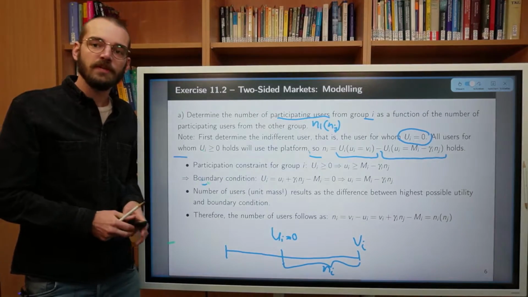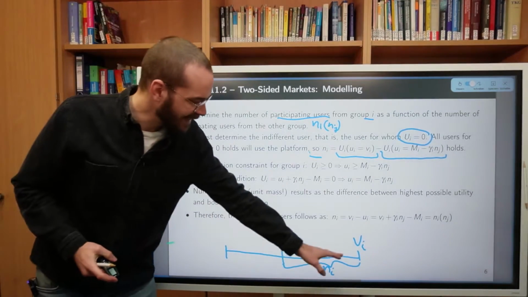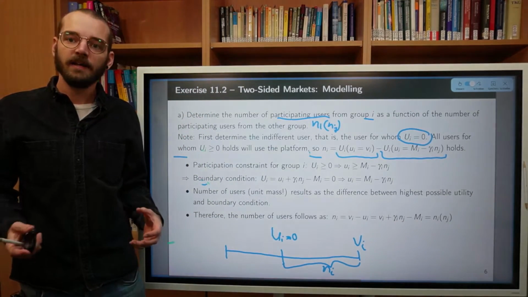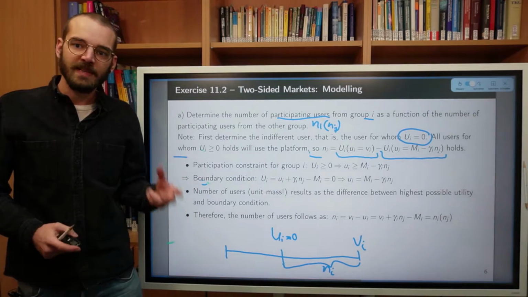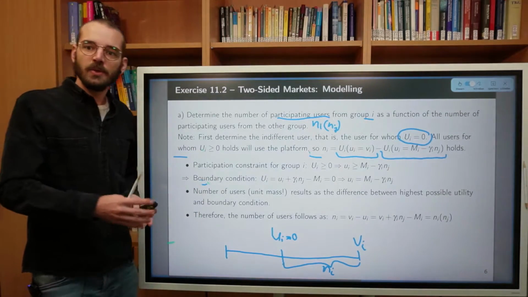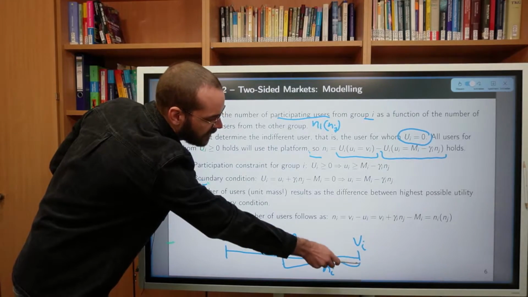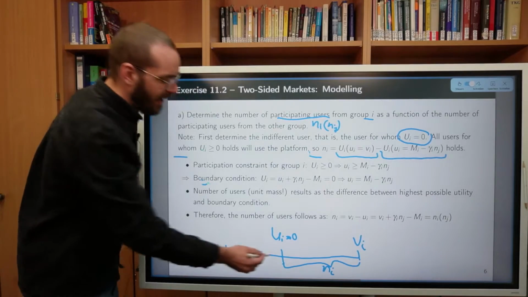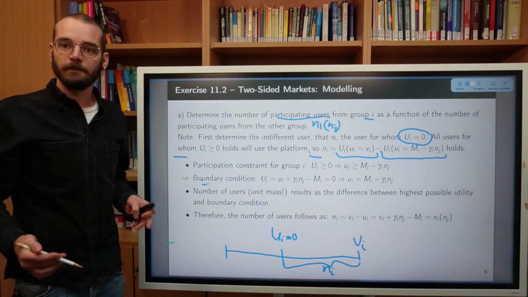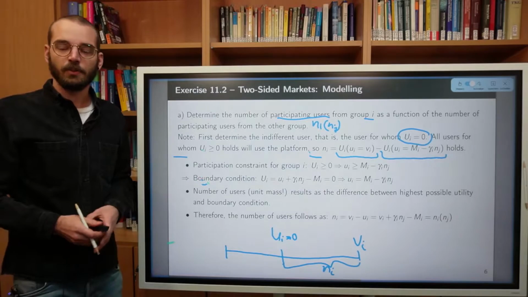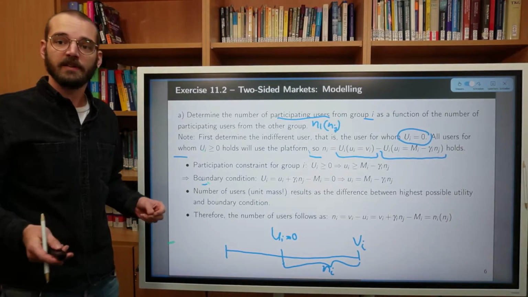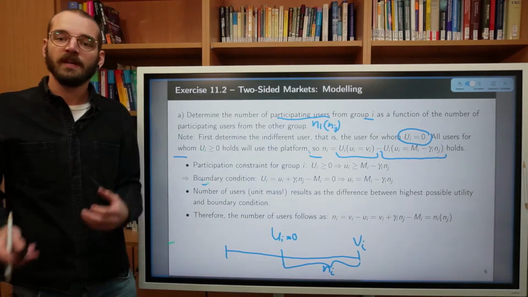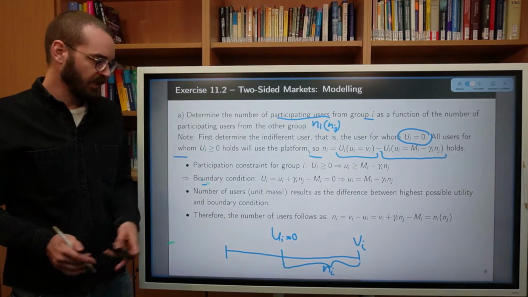Using these two pieces of information, we can find out exactly this, and that is, the number of users from group I that will use the platform is exactly equal to the difference between the maximum possible utility that a user may get from participating and the indifferent user, the user that is indifferent between using and not using the platform, or technically, mathematically speaking, the user for whom capital UI equals 0. All right.